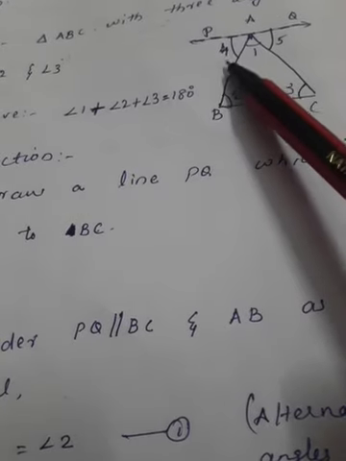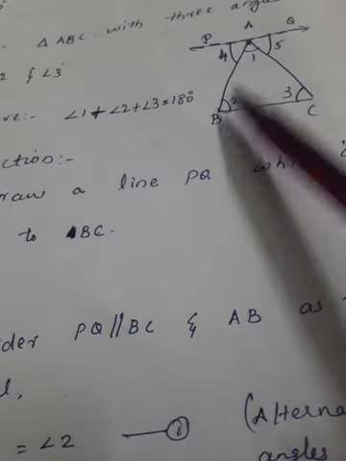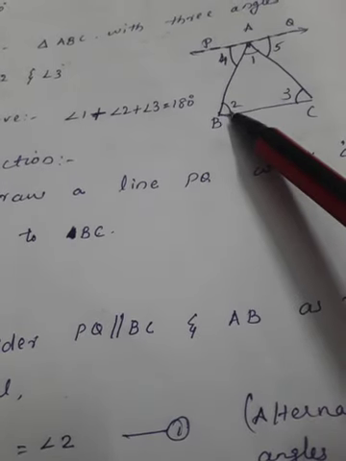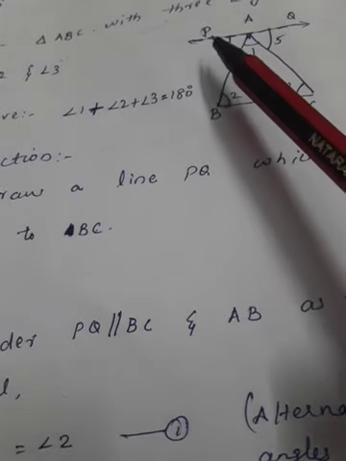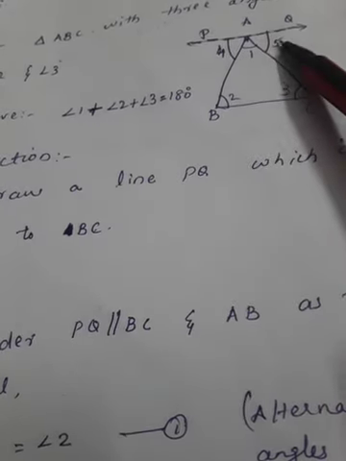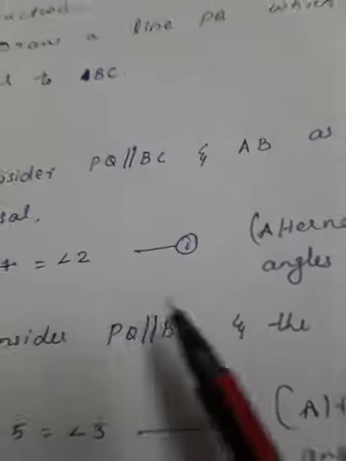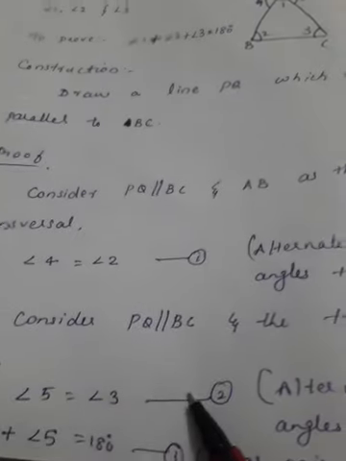So here when we consider PQ parallel to BC and transversal AB, then angle 4 equals angle 2. In the same way, when we consider PQ parallel to BC and transversal AC, then angle 5 and angle 3 are equal. These are the two equations, first and second.